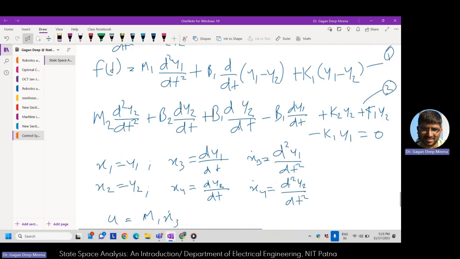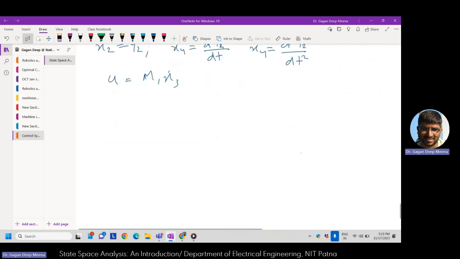So that would reflect here in the rewritten equation: u equals m1 x3 dot plus b1 x3 minus b1 x4 plus k1 x1 minus k1 x2. So this is our equation 1.